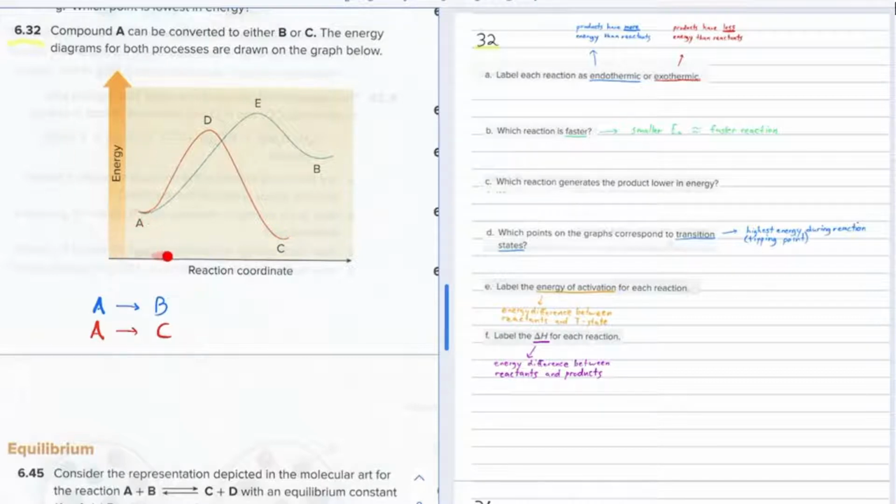The way you interpret energy diagrams is, the substances that you start with have to change into the substances that you end up with. The reaction coordinate means, as time progresses, how does the energy of your substances change? You can think of energy as maybe the structure of the molecule.